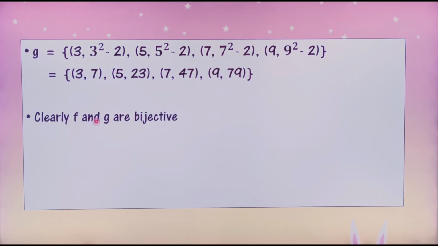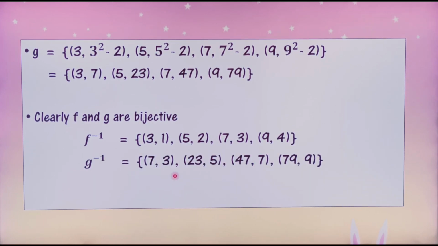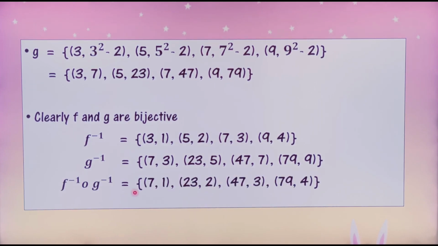Clearly, f and g are bijective. Now f inverse is equal to {(3, 1), (5, 2), (7, 3), (9, 4)}. g inverse is equal to {(7, 3), (23, 5), (47, 7), (79, 9)}. Now f inverse ∘ g inverse is equal to {(7, 1), (23, 2), (47, 3), (79, 4)}.